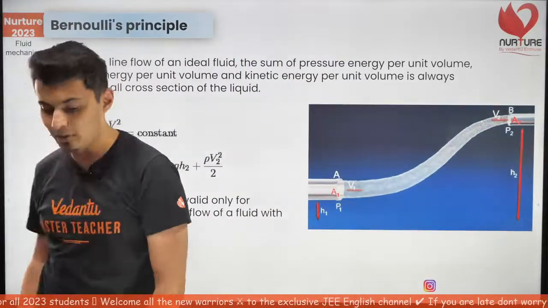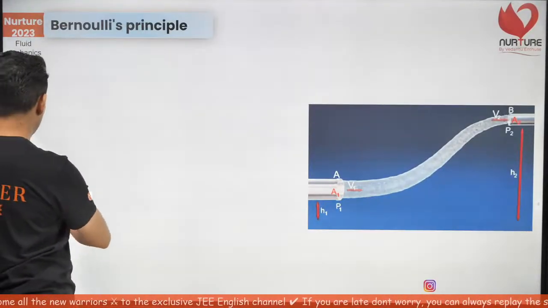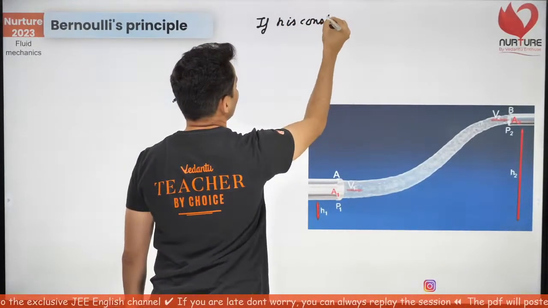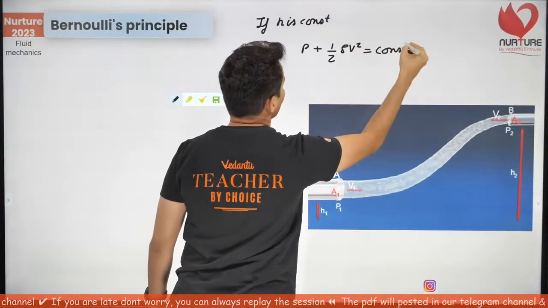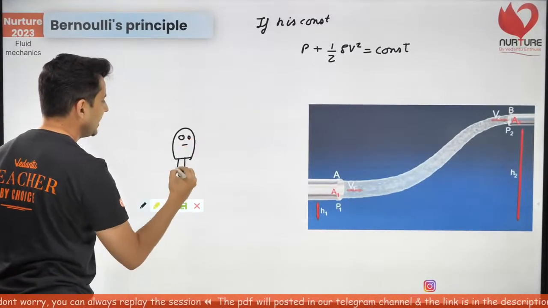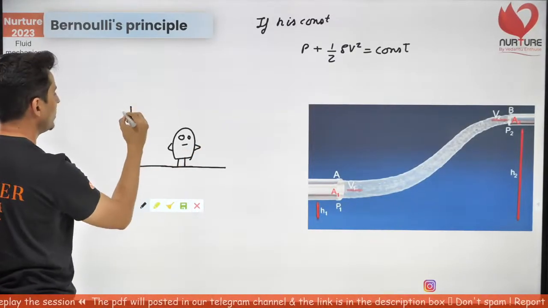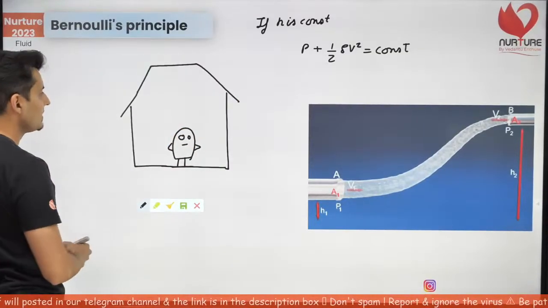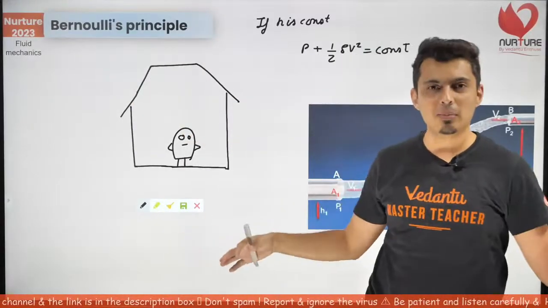Observe this particular phenomenon. I'll just remove this and put over here, if h is constant, then pressure plus half rho v square is basically a constant. Just imagine this is your Pandu, and he's just staying at home. This is Pandu's house, beautiful house Pandu has, and he sees that there is a tornado, there is a big storm coming in.